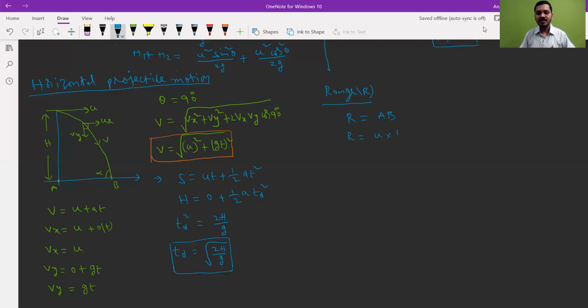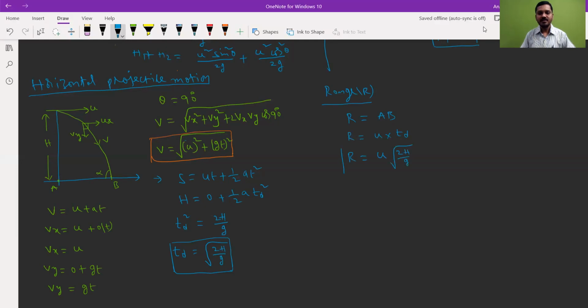Already we calculated the time of descent value. Then the range of the projectile r is equal to u into the time of descent value, square root of 2h by g. So r is equal to u times the square root of 2h divided by g.